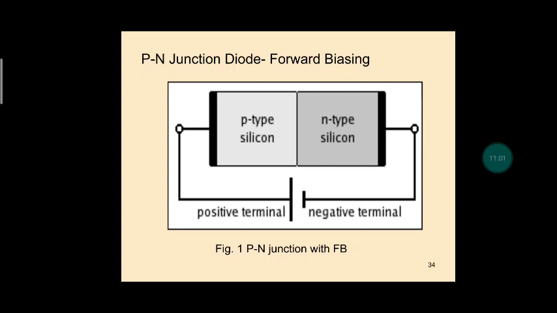In the center, the depletion region is formed. In forward bias, the depletion layer width will be very small compared to reverse bias. A large amount of current is produced in forward bias compared to reverse bias.